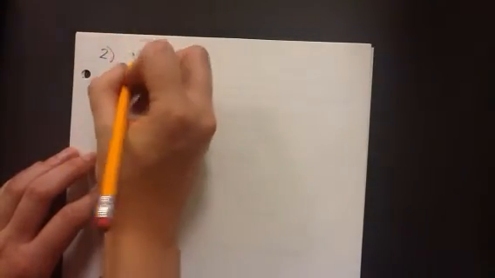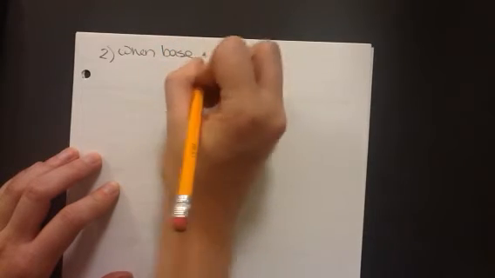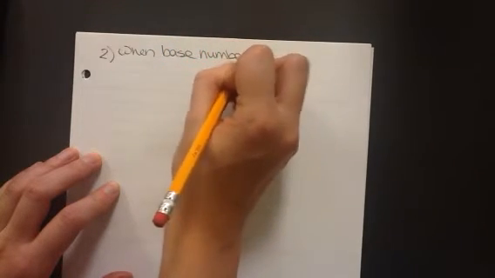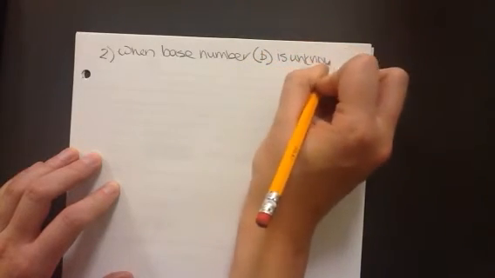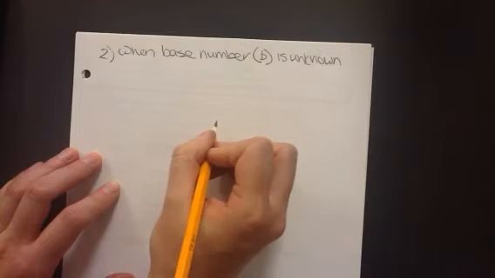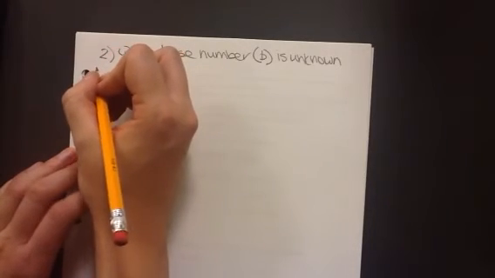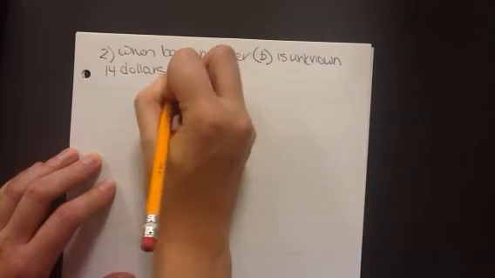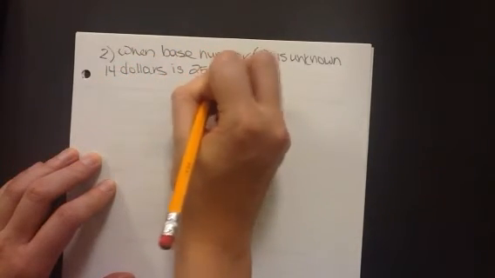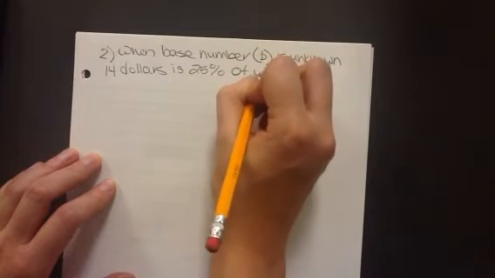Let's go through another example. Our second type is when the base number, remember our base number is B, is unknown. An example of a problem like this is: $14 is 25% of what amount?